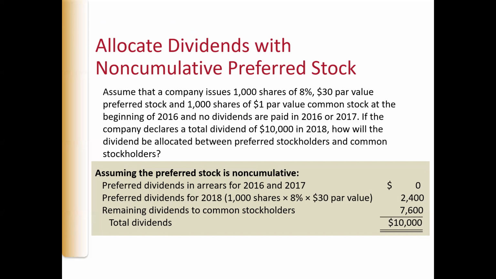So they only get the $2,400 in dividends in 2018, and then the remaining get to go straight to the common shareholders. So please be aware of the difference between cumulative preferred stock and non-cumulative preferred stock.